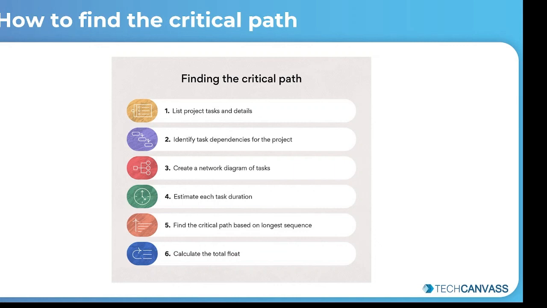You can also estimate based on previous project data, or you can also estimate based on industry standards. The fifth step is to find the critical path based on the longest sequence. As I explained in the previous slides, you have to figure out the longest sequence and that's your critical path. And sixth is calculate the total float.